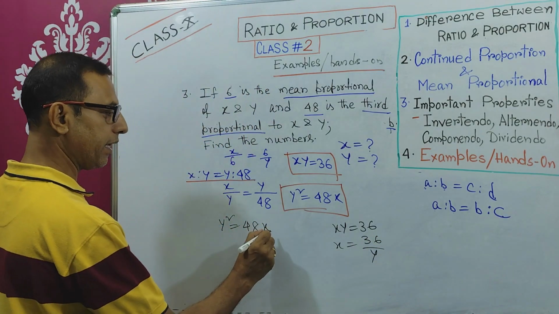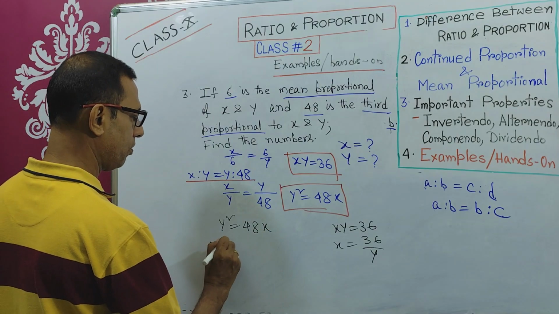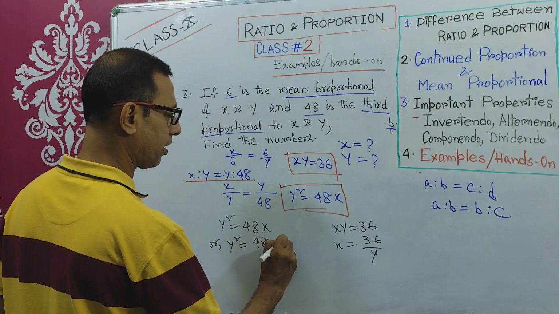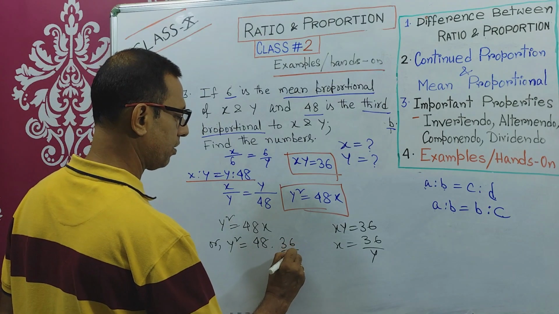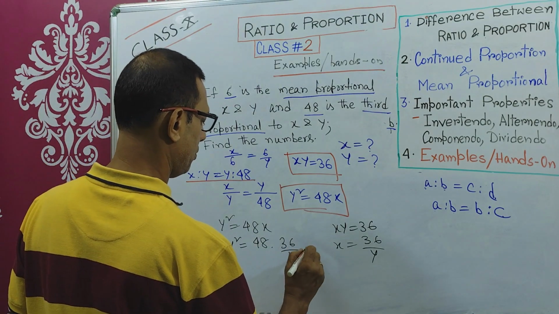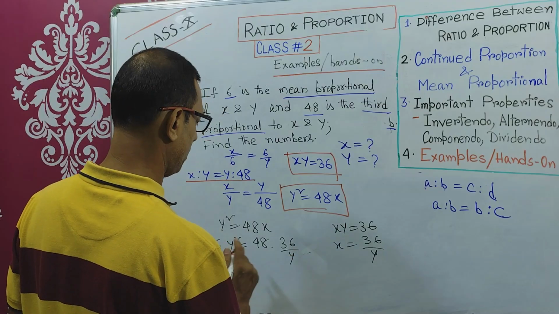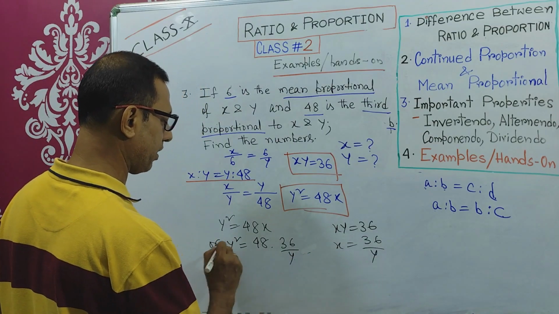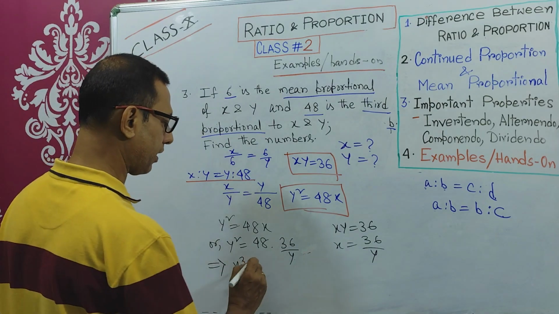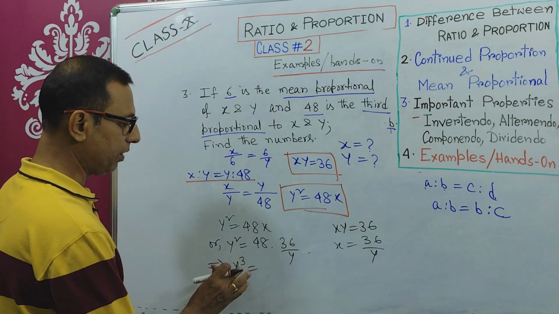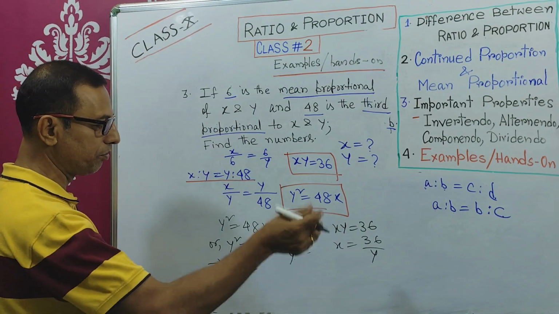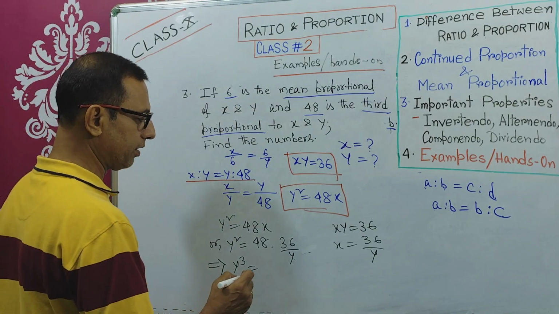Now you replace this x value: y square equals 48 into 36 by y. So y square into y, that means y cube equals 48 into 36. Because this side is cubic, you need to represent this side also in a cubic format, otherwise you need to find the cube root, which is very time consuming.